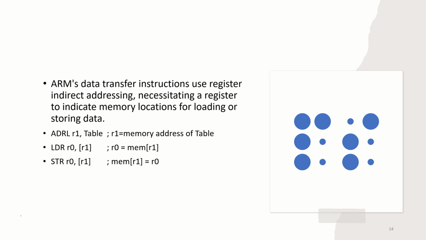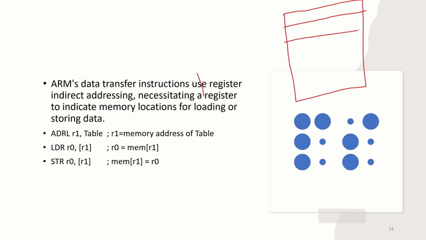That means if this is a memory, and there are different locations where values are stored, suppose 4, then 2, 5. These are values. Now we cannot take these values directly using their address.